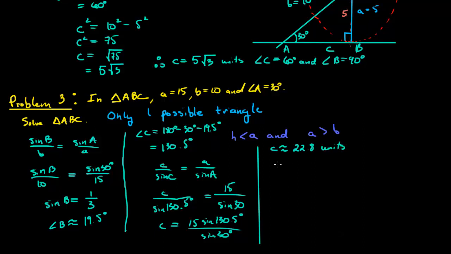We have to write a therefore statement, so therefore angle B is approximately 19.5 degrees. Angle C is approximately 130.5 degrees. And side C is approximately 22.8 units.